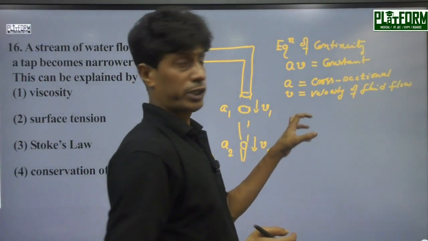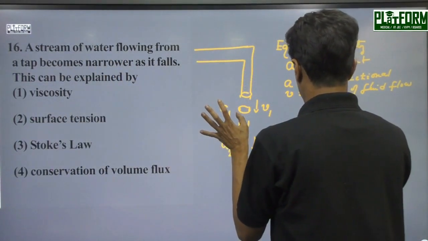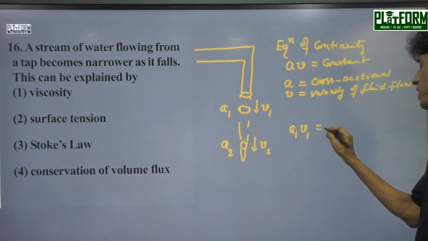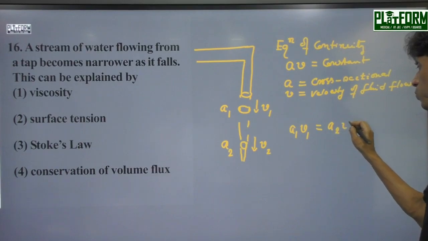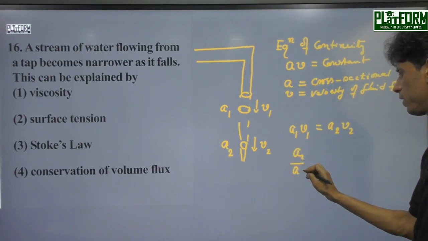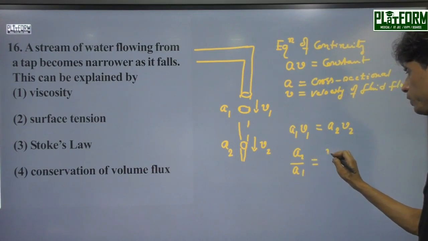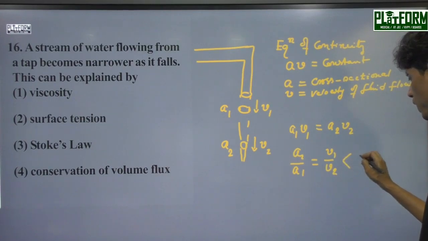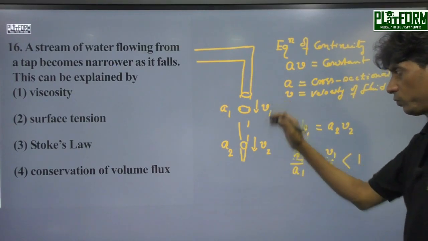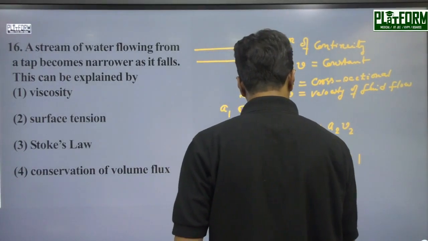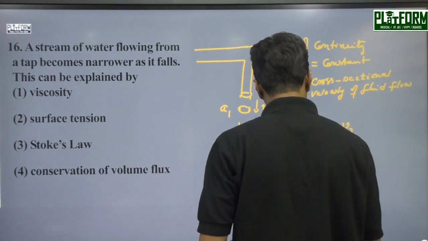So from the equation of continuity, A1 V1 equals A2 V2, and the ratio A2 by A1 equals V1 by V2, and it is less than 1. Since the water is falling down under gravity, V2 is greater than V1.